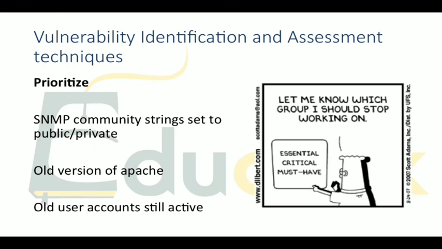You might think, wow, that's a big hole, that needs to be changed immediately. But if the port used for SNMP isn't allowed through the firewall, I think it's 161, if that's not allowed through the firewall, then is there really that much of a need to get it fixed straight away?